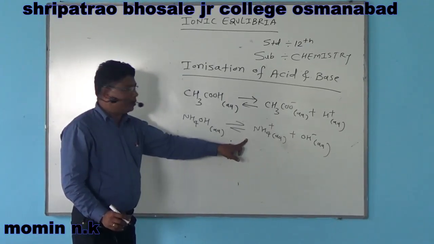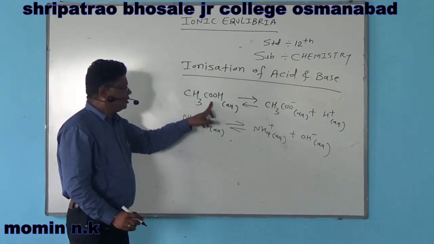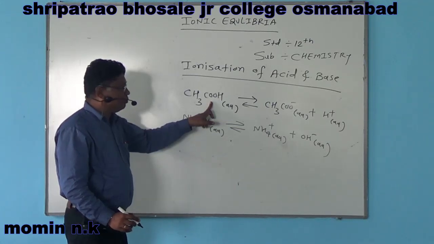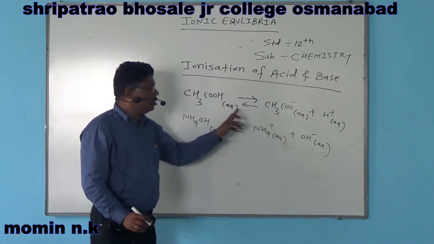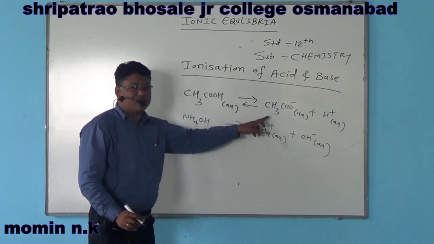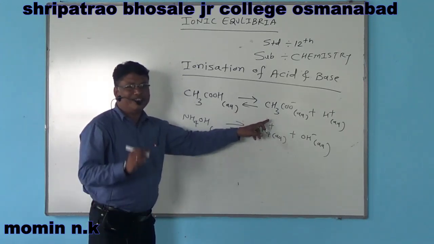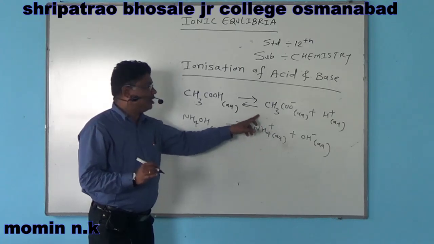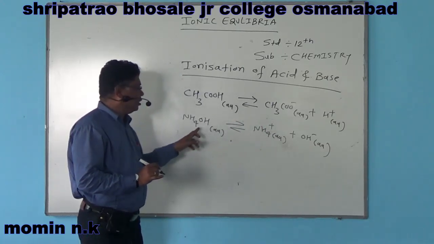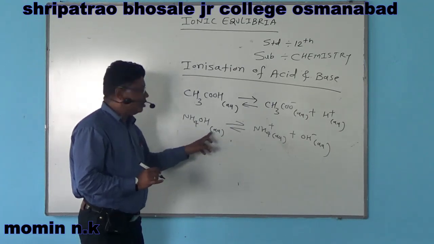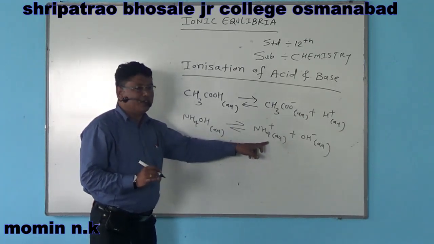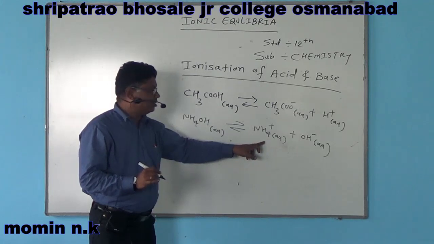Acetic acid is called a weak acid because it dissociates partially, that is, dissociation of acetic acid in water takes place to a very small extent. Similarly, NH4OH is called a weak base because it dissociates to a very small extent.